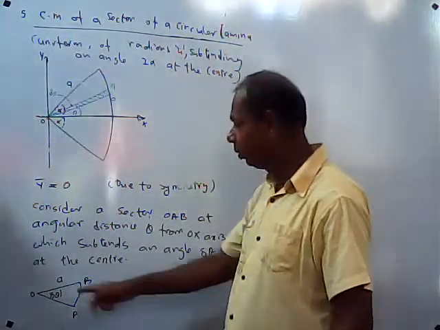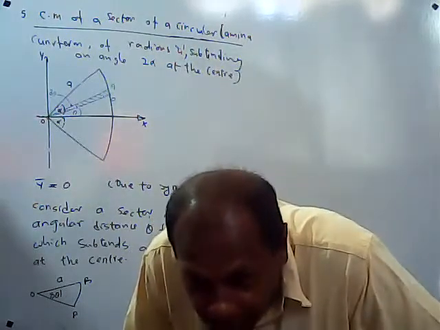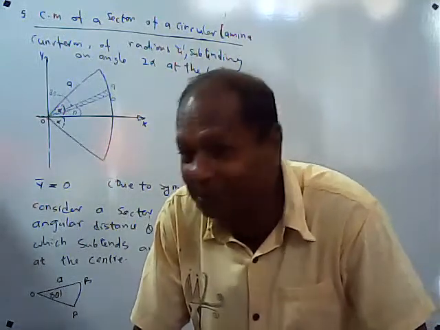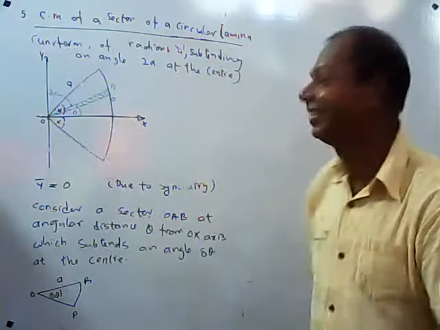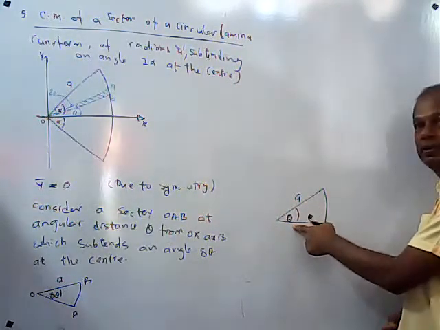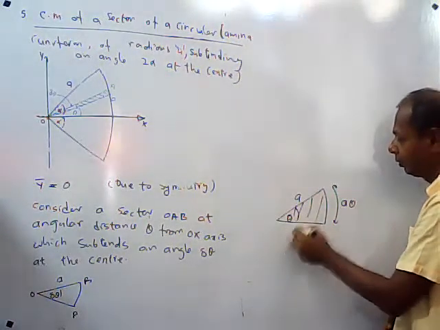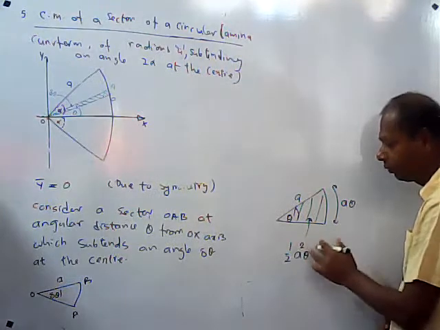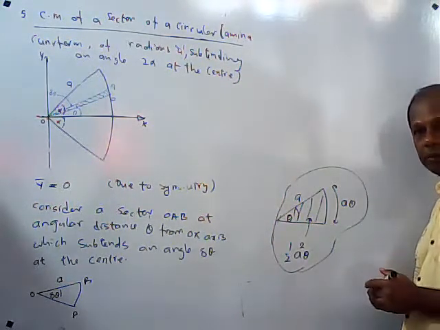If the radius is a and the angle is measured in radians, the arc length is a theta and the sector area is half a squared theta.